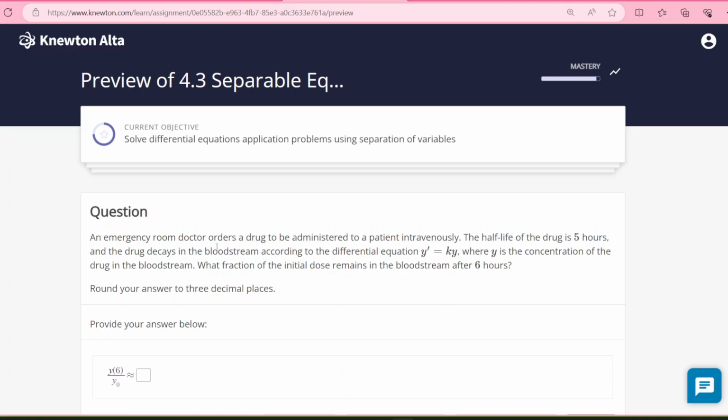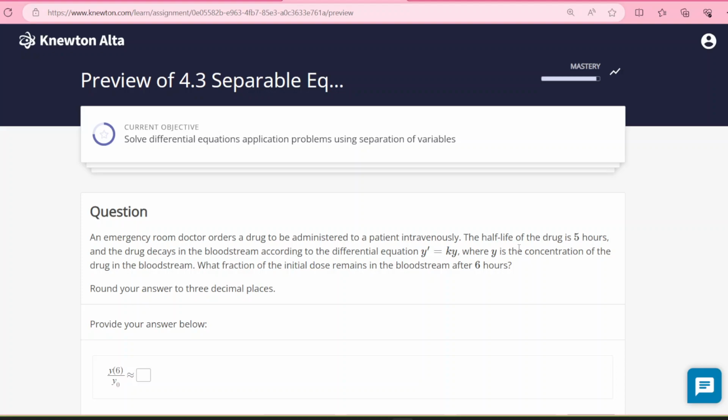So an emergency room doctor orders a drug to be administered to a patient intravenously, right, into the blood. The half-life of the drug is 5 hours. Now, half-life means how long it takes to decay to half its previous mass, half its previous amount.